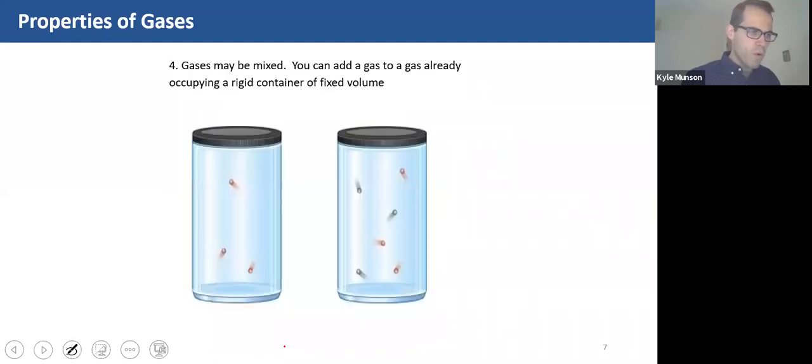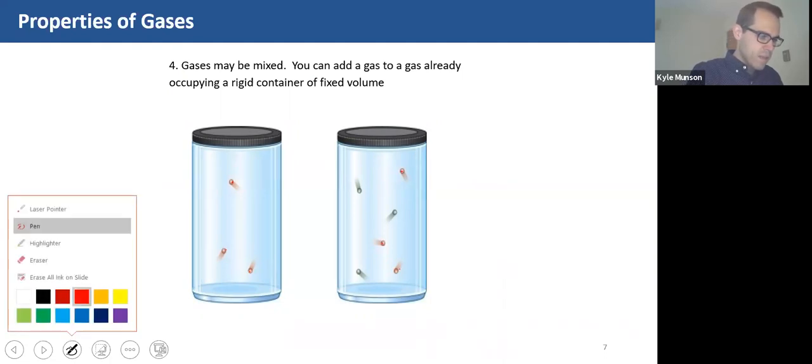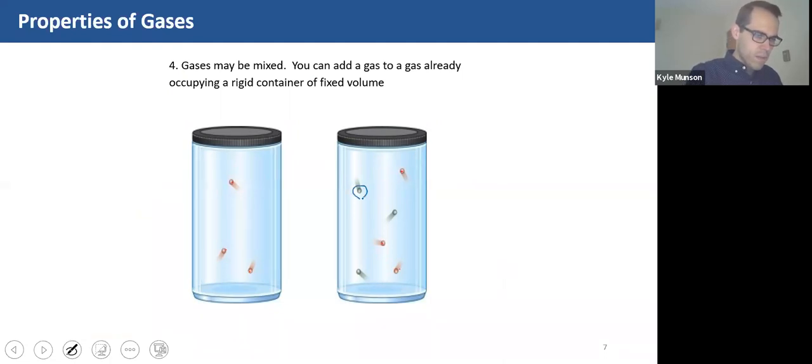Okay, so fourth one, we're almost through all 5. Gases may be mixed. So you can add a gas to a gas that already occupies a rigid container of a fixed volume. I don't know if you could see this, but this is one type of gas over here on the left. And on the right, it's a different color. These guys are all red, let's say, and these guys are all blue, okay?